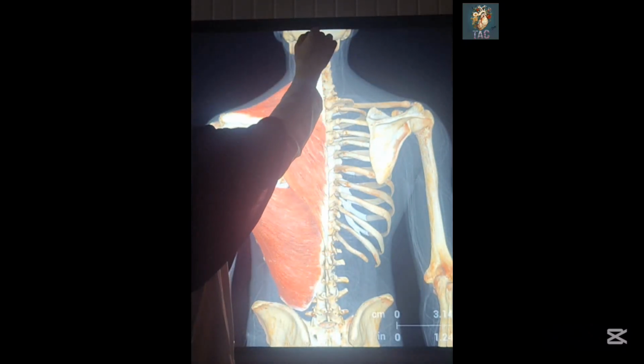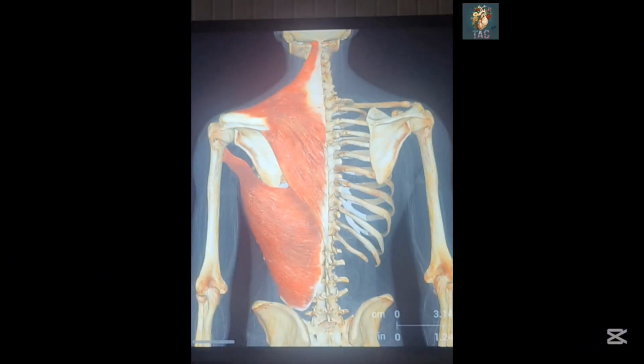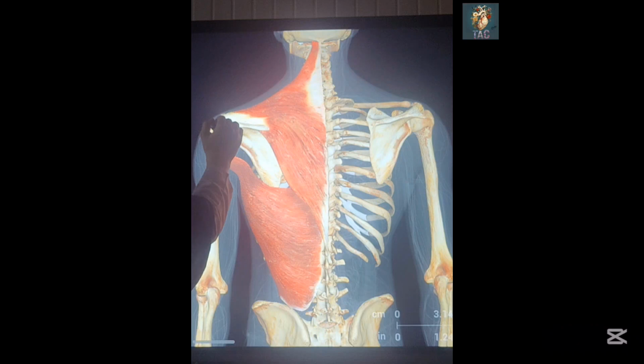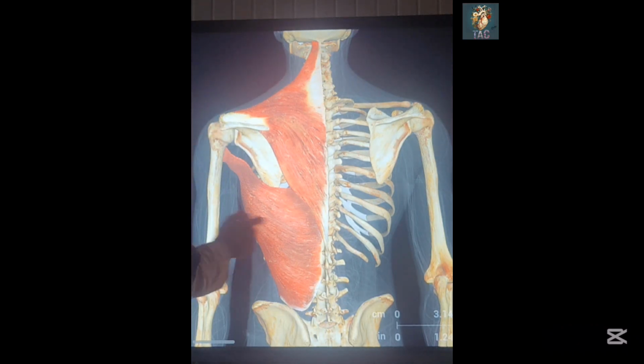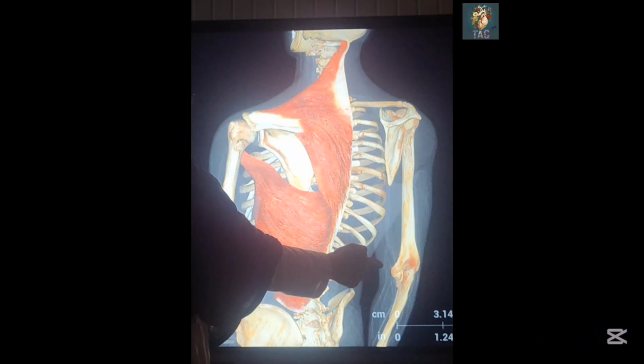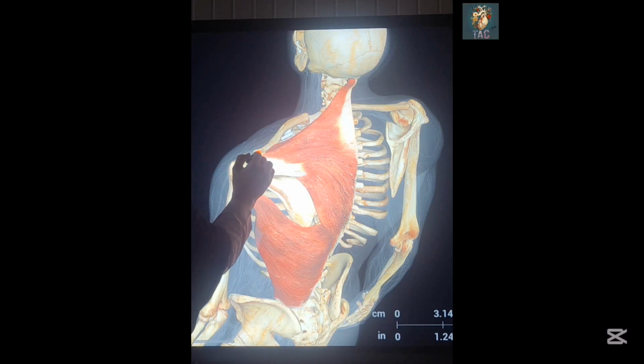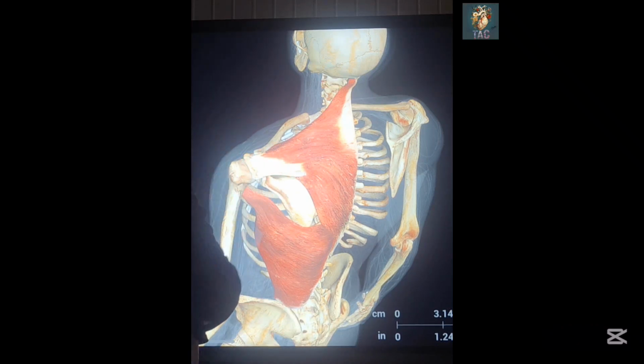So this is the whole origin of the trapezius muscle, and it then inserts into the clavicle over here. Then we will move a little bit and it will show you over here. So its insertion is into the clavicle, the acromion process, and the spine of the scapula. So this is the insertion of the trapezius.